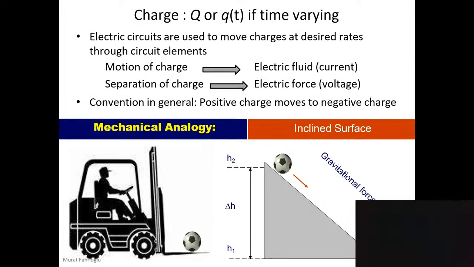In conventional terms, positive charge moves toward negative charge, right? Consider the mechanical analog. We apply a force to a ball at ground level, which we mark as H1, and it moves upward to the final height, H2.